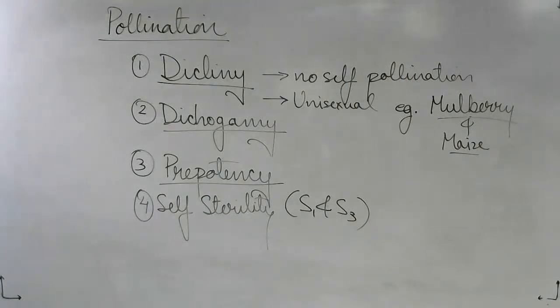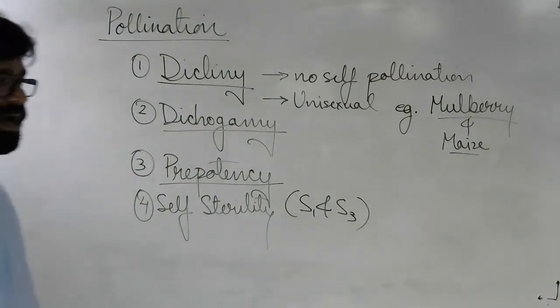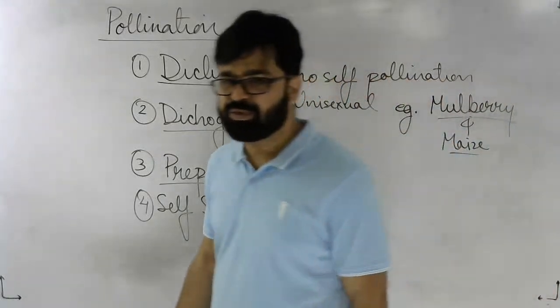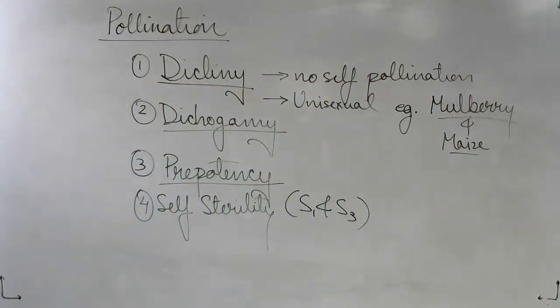All right. And example of this self sterility or self incompatibility are tobacco plant, potato plant. All right, potatoes and tobacco. These two are the example. Absolutely right, Prathu. All right.